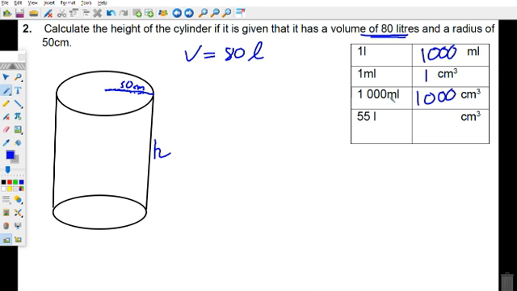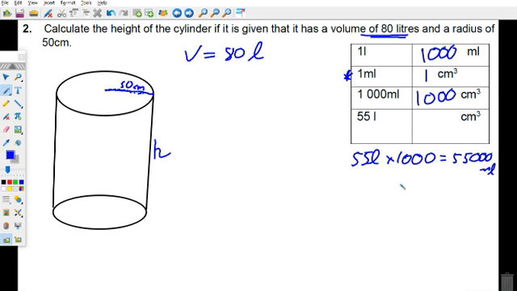Not 5,500, not quite. We have to take it from liters first. So 55 liters multiplied by 1,000 to get it to milliliters is 55,000 milliliters. To get from milliliters to centimeters cubed, it's a 1-to-1.